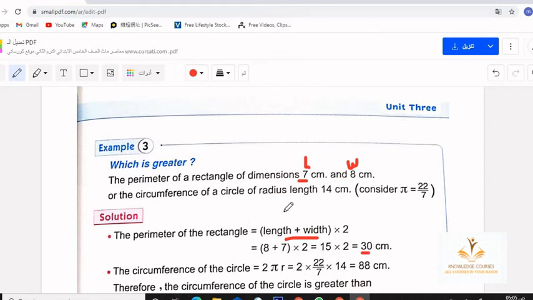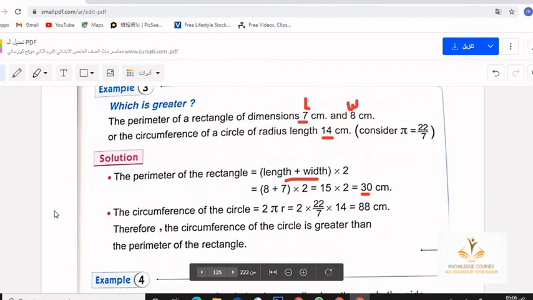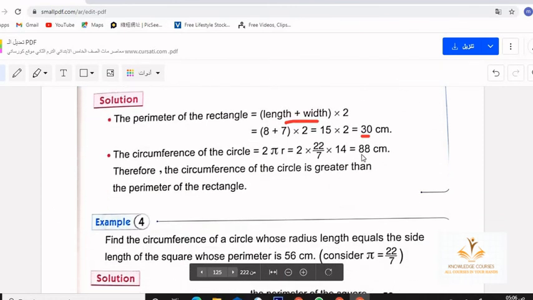And the circumference of the circle, the radius equals 14. So the circumference equals 2 pi r equals 2, and the pi constant 22 over 7, multiply 14 equals 88. So the circumference of the circle is greater than the perimeter of the rectangle.